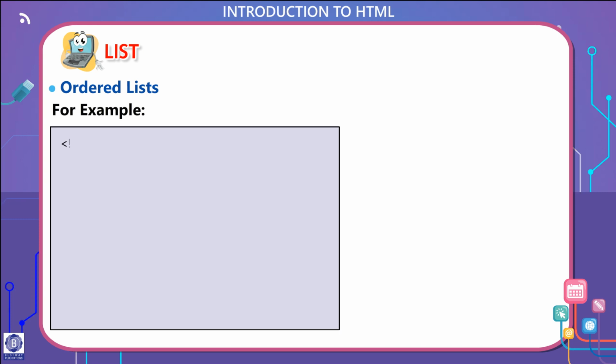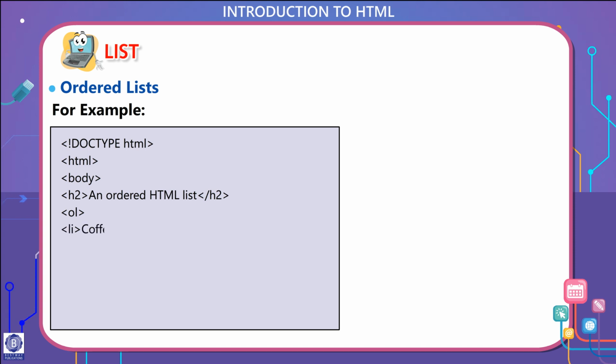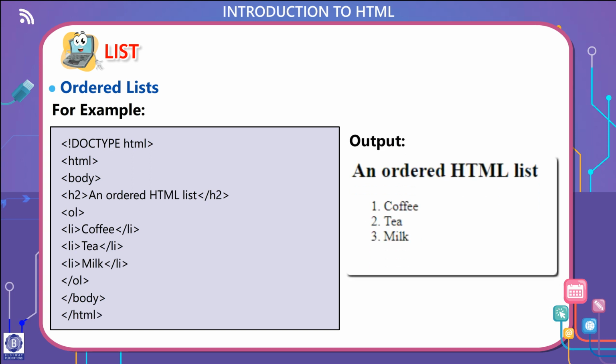For example: doctype HTML, HTML, body, H2, an ordered HTML list, /H2, OL, li coffee /li, li tea /li, li milk /li, /ol, /body, /HTML. Output will be an ordered HTML list: 1 coffee, 2 tea, 3 milk.